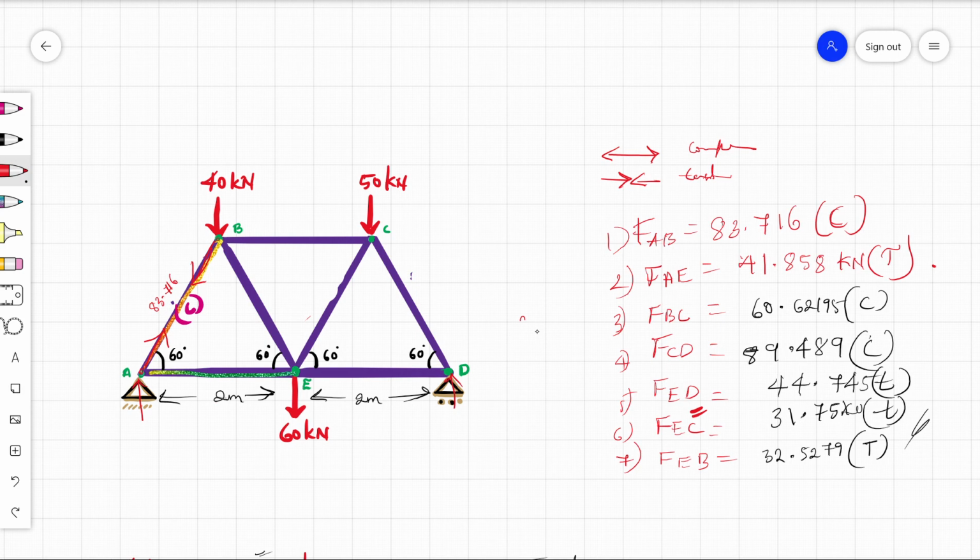Coming to the next, FBC, we got to know the FBC value as 60.62 kilonewton. Don't forget to write the kilonewton, and the member FBC is in compression. So this is also in compression, FCD. The value of FCD is 89.489 kilonewton.